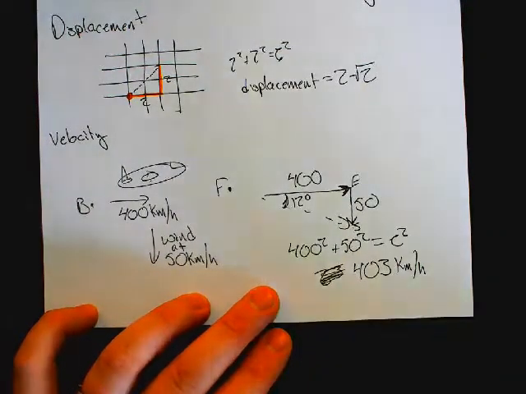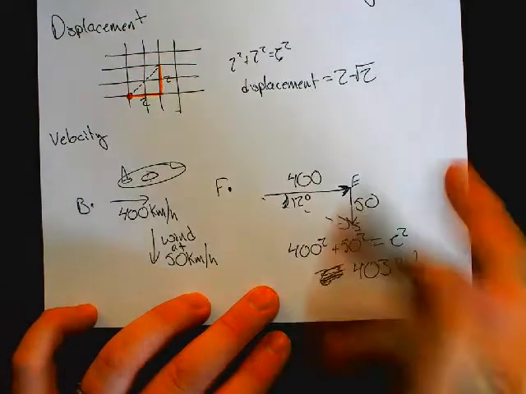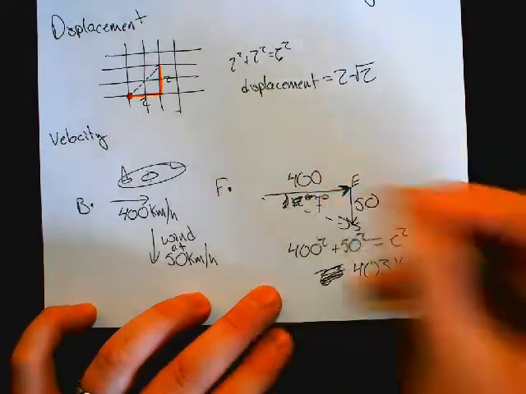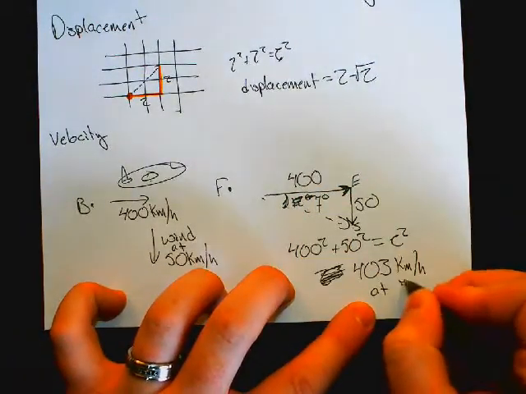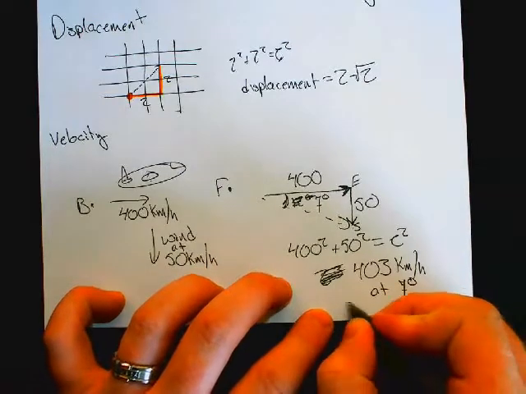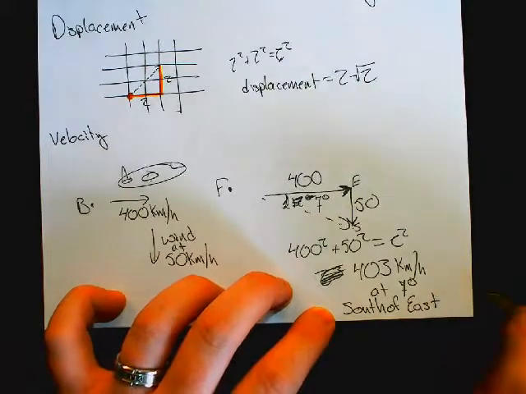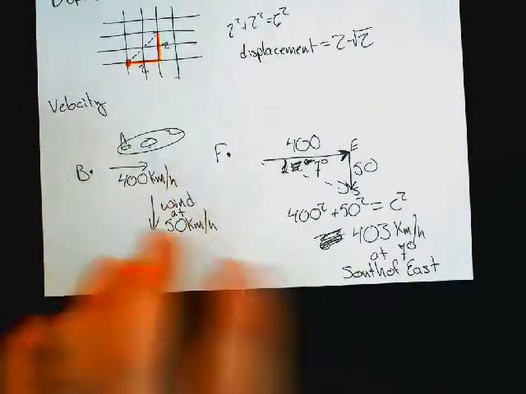You're in radians? Okay. How much? 7 degrees? I got a few people saying 7 degrees. All right. At 7 degrees south of east. Now, is that the only way I could state that direction?